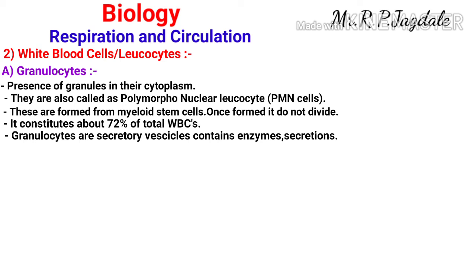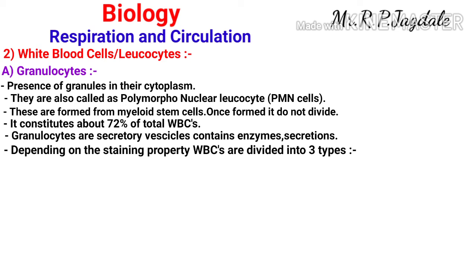Depending on the staining property of the cells, the granulocytes are divided into three major types: neutrophils, basophils and acidophils or eosinophils.